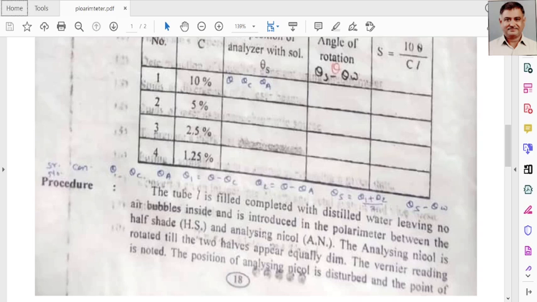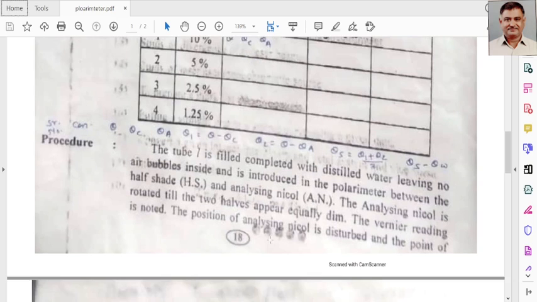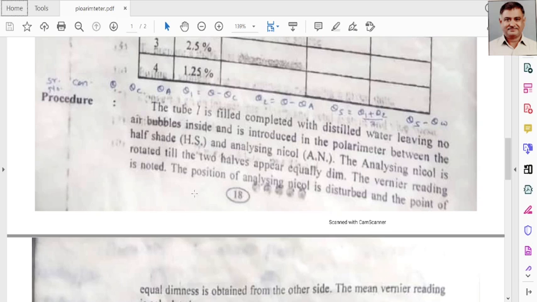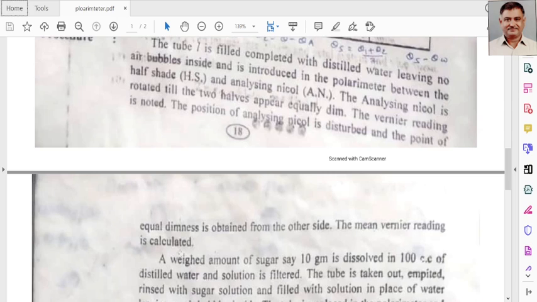This is AN, meaning analyzing nicol. This analyzing nicol is rotated till the two halves appear equally dim. The vernier reading is noted. The position of the analyzing nicol is disturbed, and the point of equal dimness is obtained from the other side.